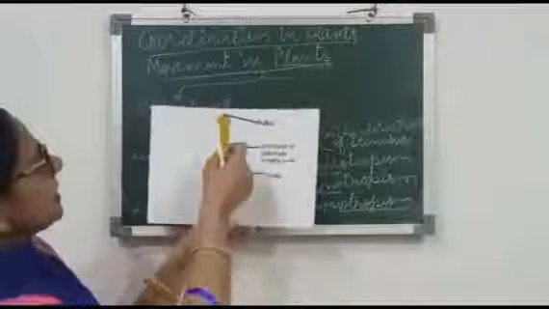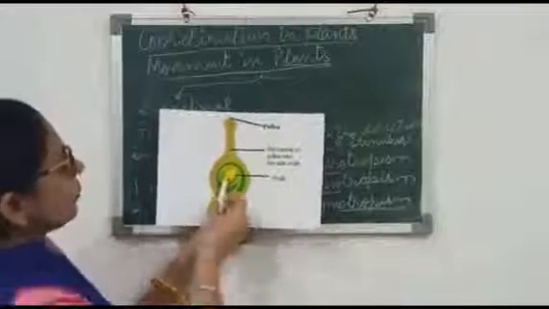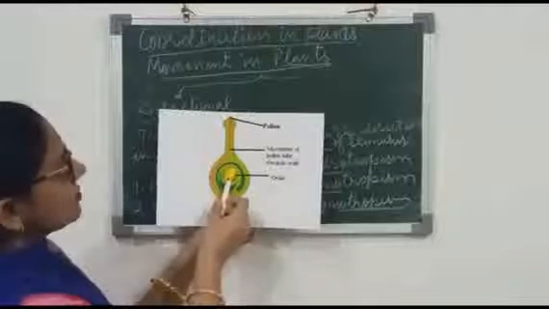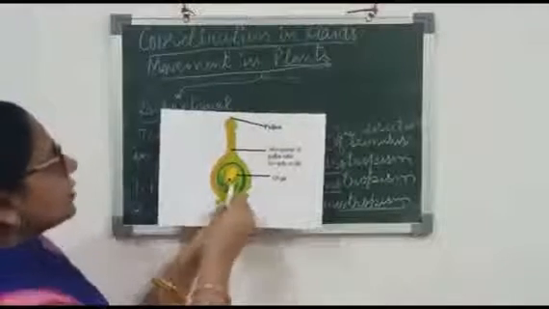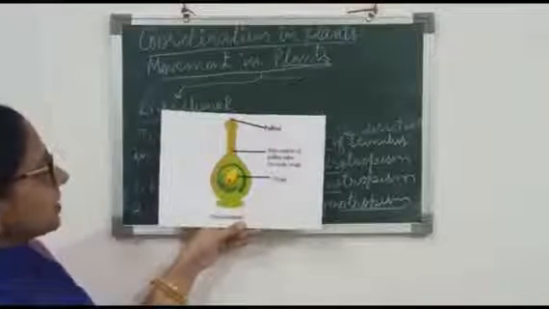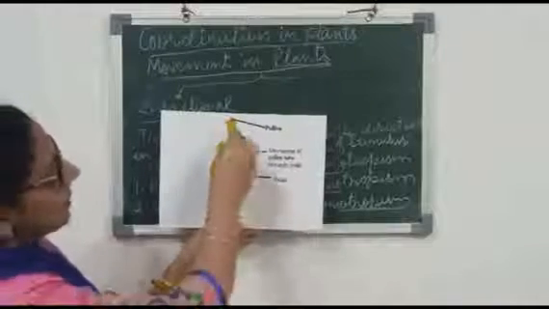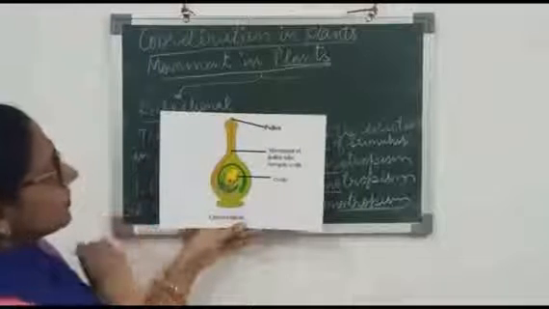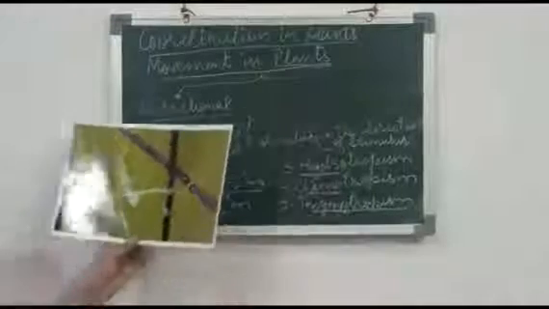So in this case, pollen tube is growing towards the ovule, as here some sugary substance is produced, and that sugary substance is actually acting as a chemical. So this growth of pollen tube is showing chemotropism.